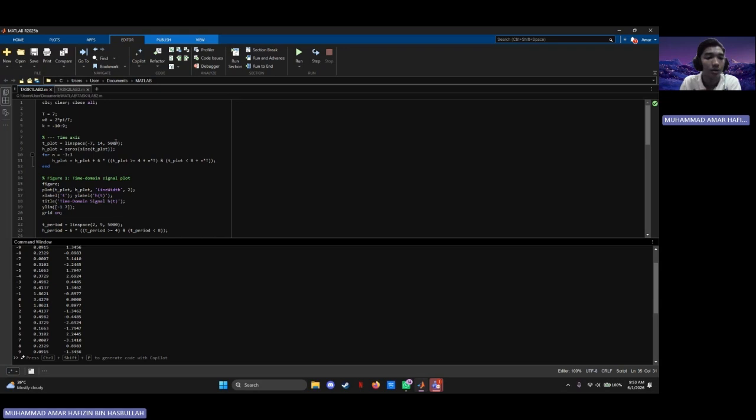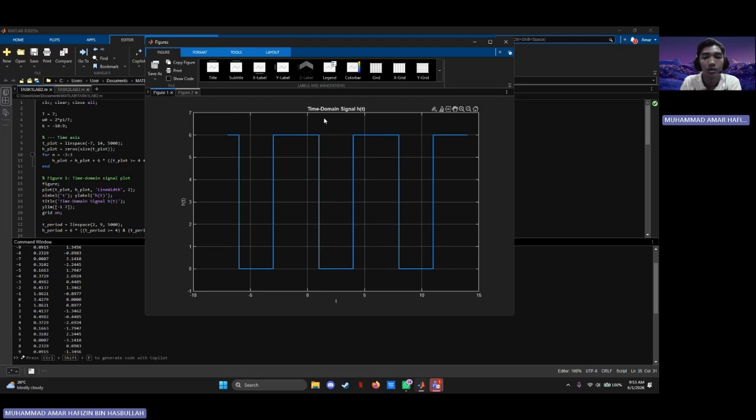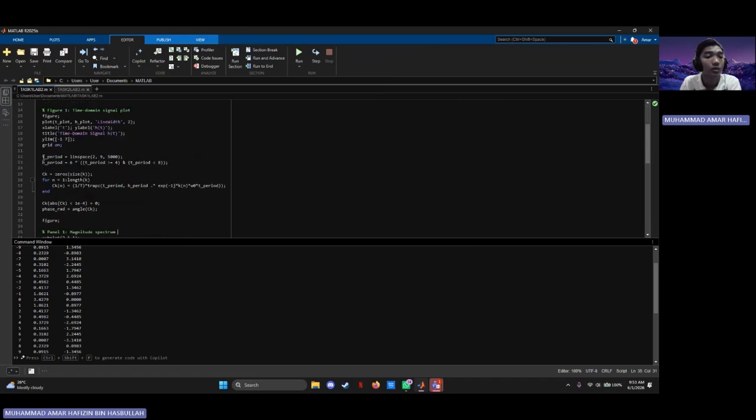Okay, next we move to line 22. Line 14 here shows the time dimensional HD. Then line 22, which is the time period linspace from 2 to 9 seconds with 5,000 points. This isolates the 7-second window from t equals 2 to 9 seconds.